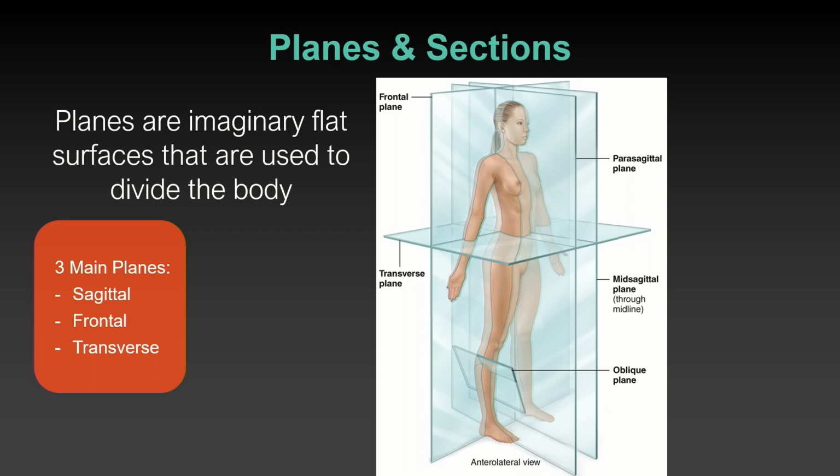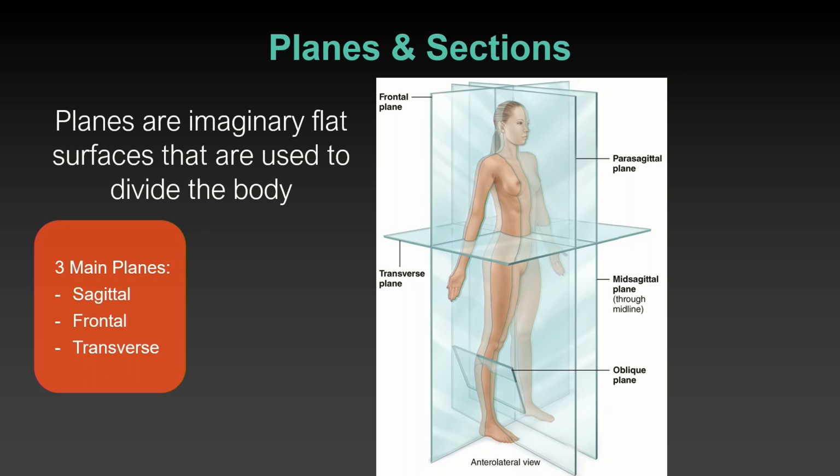A sagittal plane breaks the body up into left and right. So a sagittal plane cuts the body from top to bottom into left and right sides. If that plane happens to be right in the middle of the body, it's a very special plane called a mid-sagittal plane.